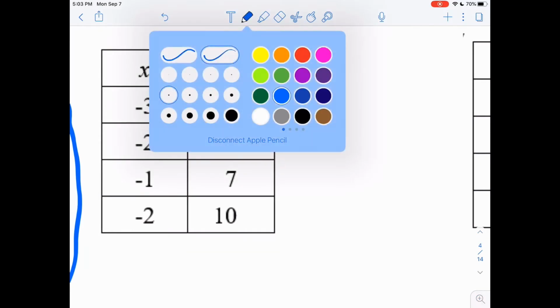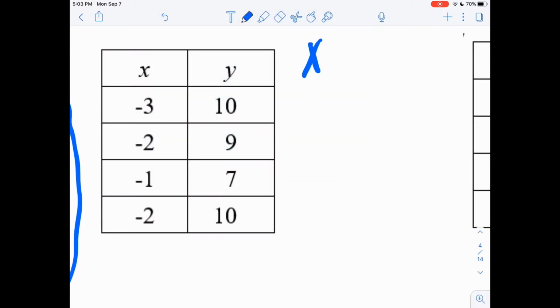Again, I'm going to map my inputs to my outputs. My inputs are -3, -2, and -1. My outputs are 10, 9, and 7.